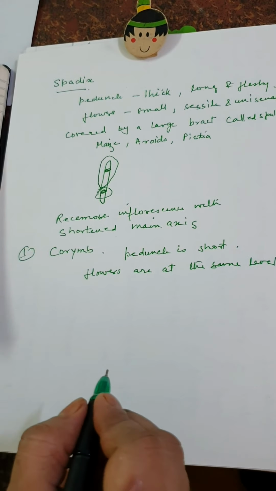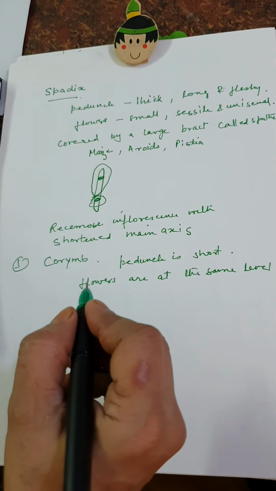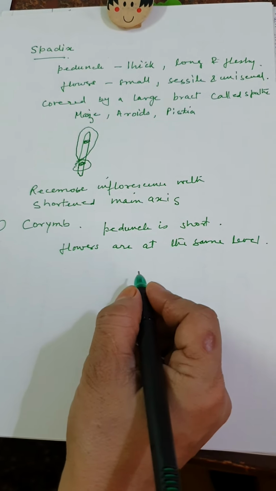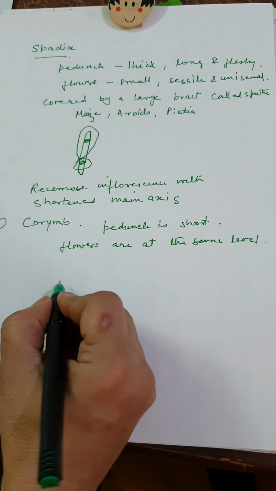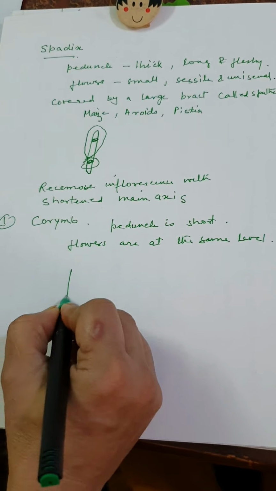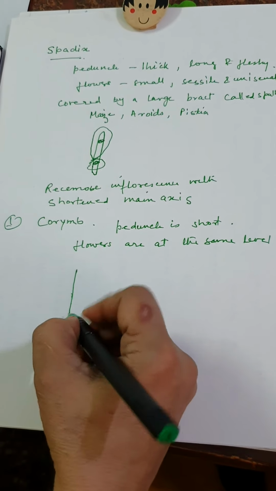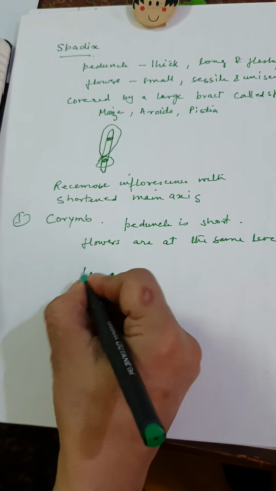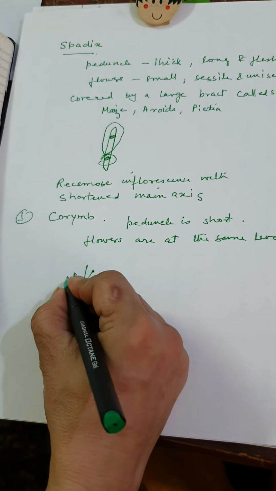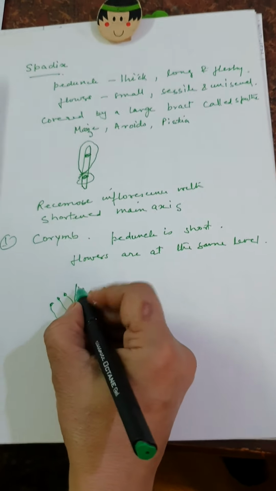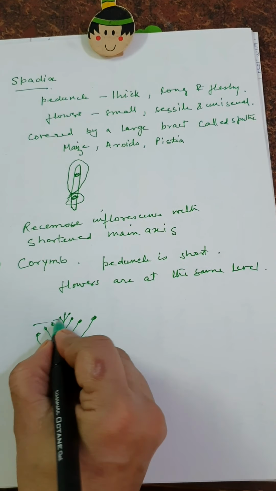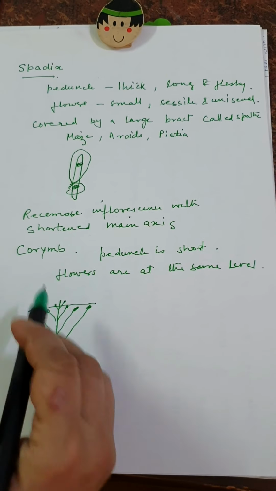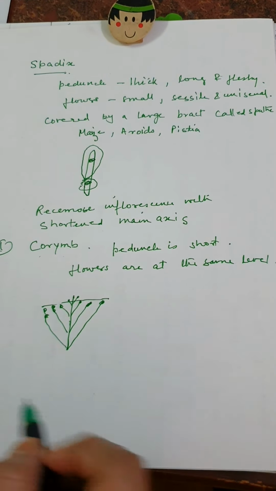The lower flower stalk is longer than the upper flower stalk. The peduncle is short, and the flowers are at the same height. This is known as corymb type of inflorescence.